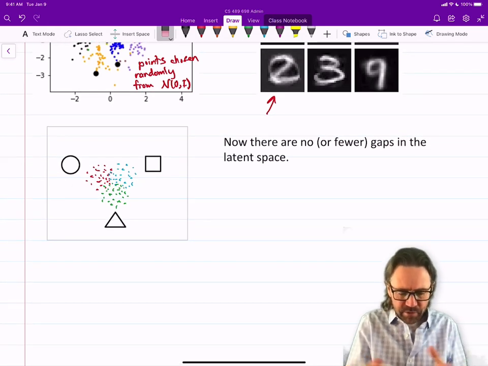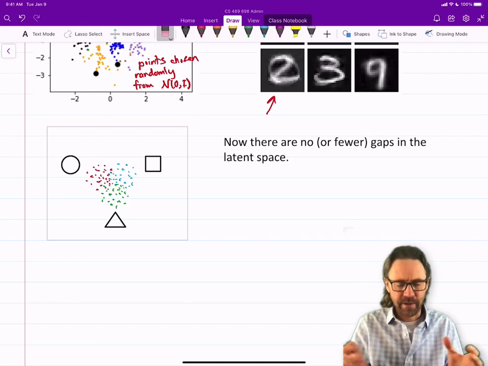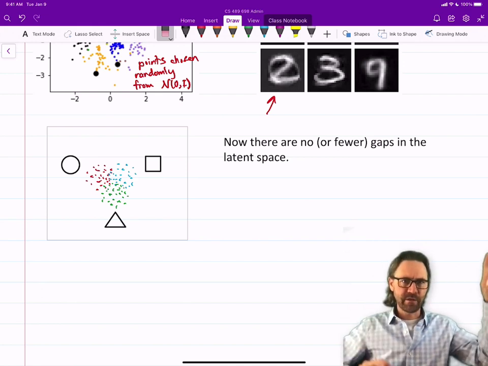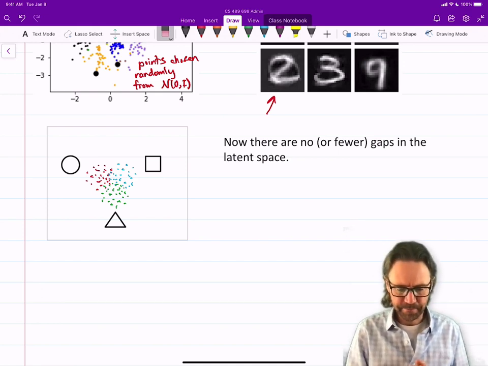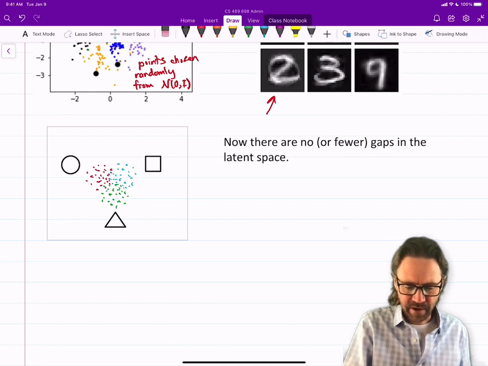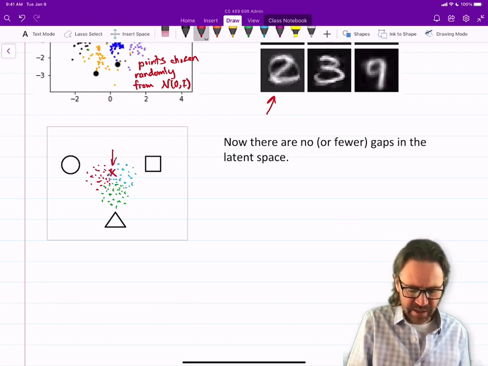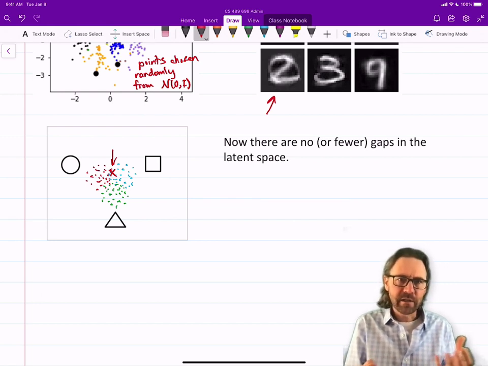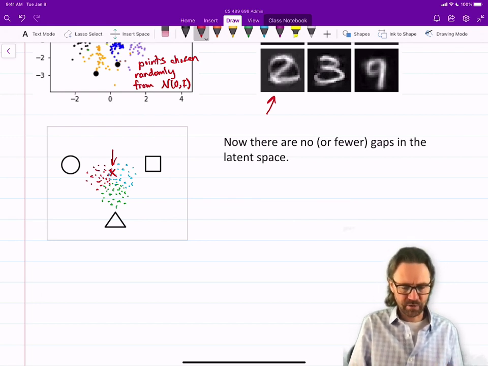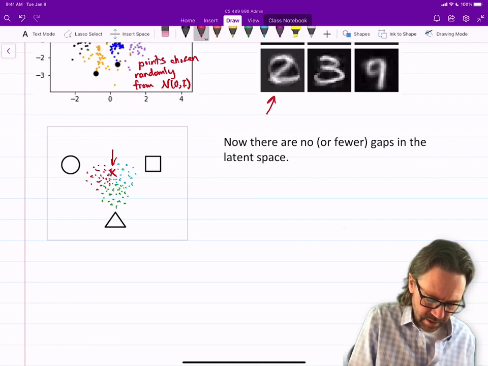Now, just to finally put it in the context of this shape example that I gave before. You can see now those clusters are all pushed together instead of being separated out far from each other. If I were to take a sample from here, I'd expect that sample to look like a compromise between the circle and the square. So maybe it'd be kind of a rounded square.